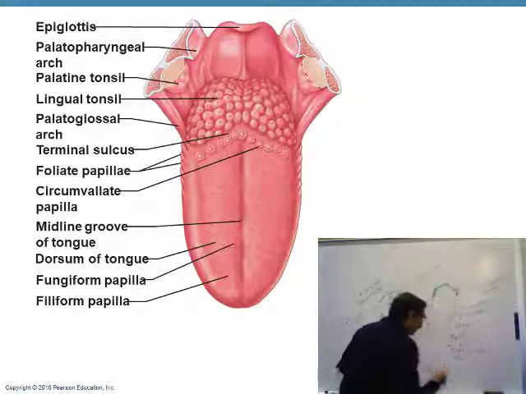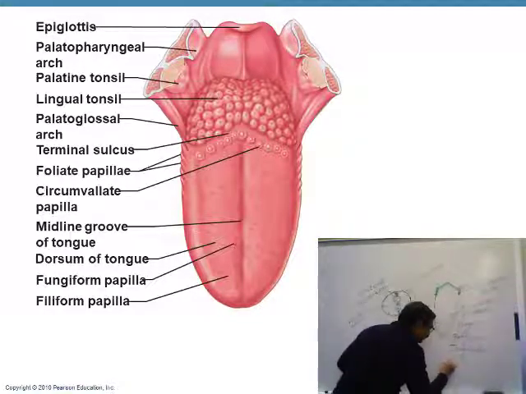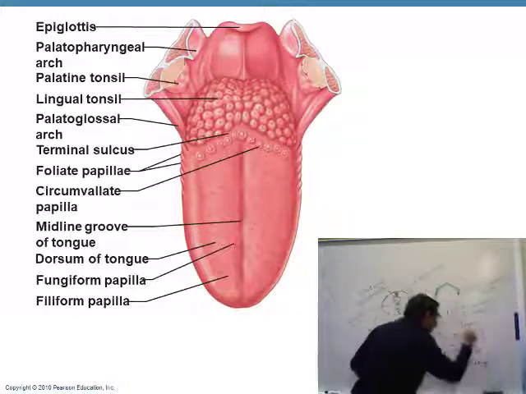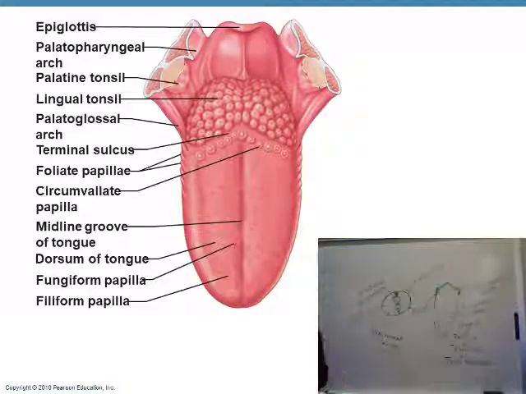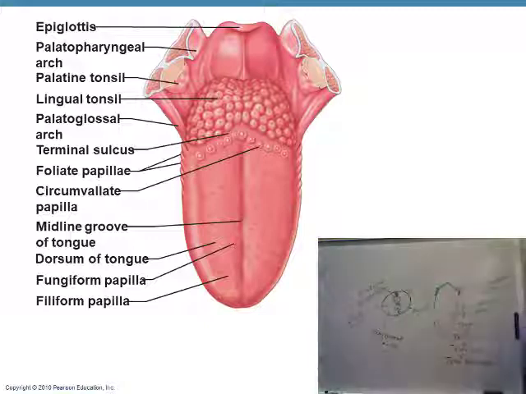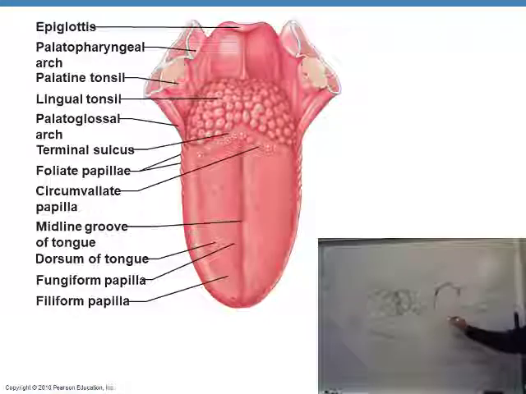Inside the taste buds, you have the taste receptors. So that's how the taste receptors are located inside the tongue. Now, only these two, you see the tongue and papilla from outside. You don't see the taste buds or taste receptors because they are inside the papilla.